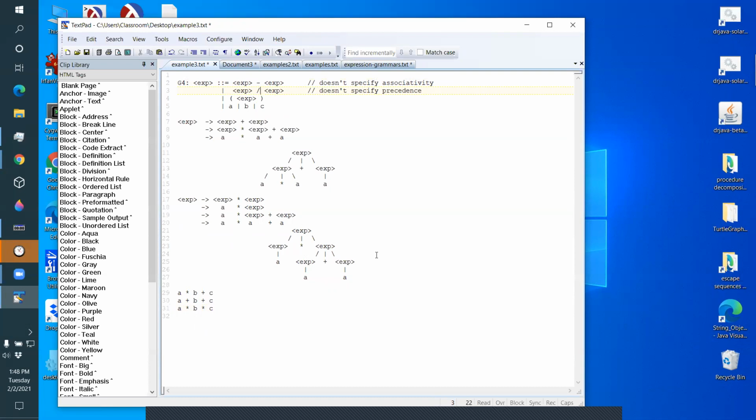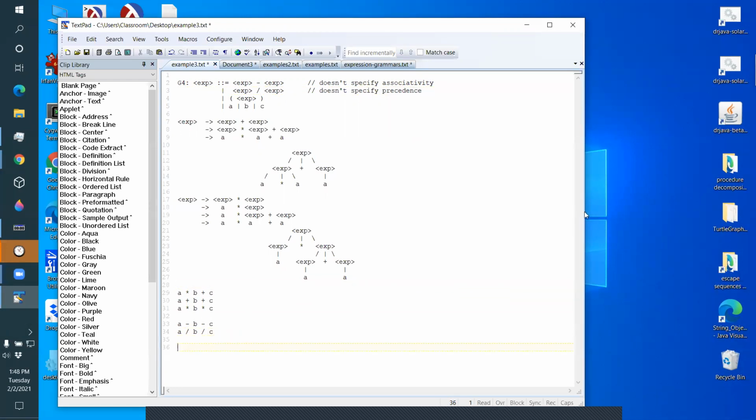Because it matters if you write A minus B minus C, or A divided by B divided by C. Those matter whether you group it this way or you group it this way. You don't get the same answer. Subtraction and division are not associative operators. Addition and multiplication are associative operators. Notice I'm using a lot of words. Right associative, left associative, and is associative mean different things.